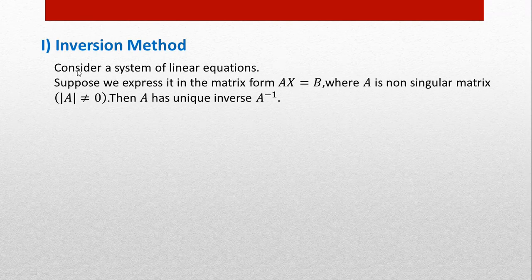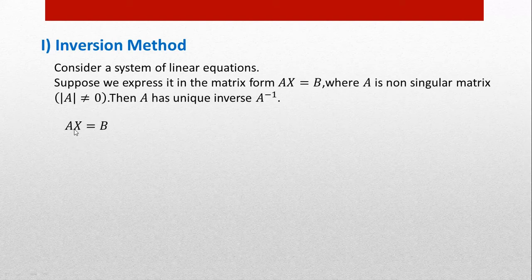Now suppose we consider a system of linear equations and we express it in the matrix form Ax is equal to B, where A is a non-singular matrix, means determinant of A is not equal to 0. Then we know that A has a unique inverse, A inverse. So if you have the system of linear equations, then we can write it in matrix form like this: Ax is equal to B.